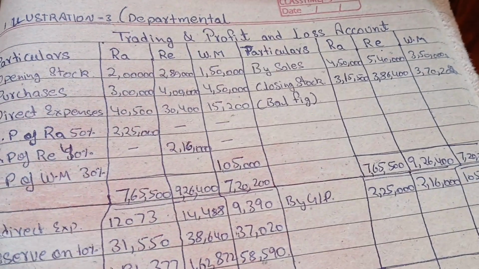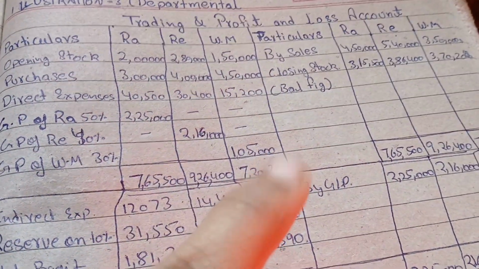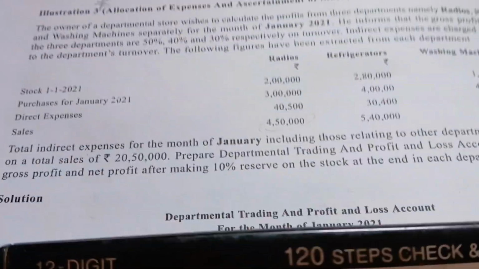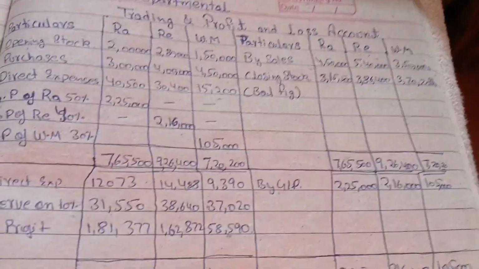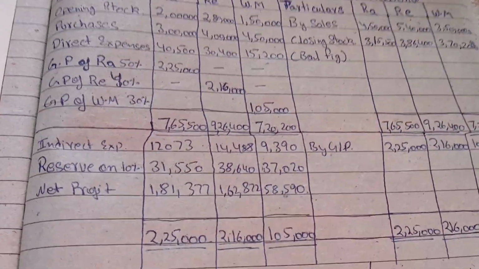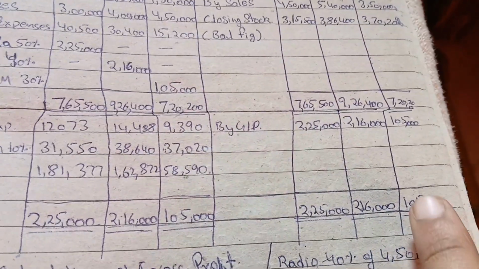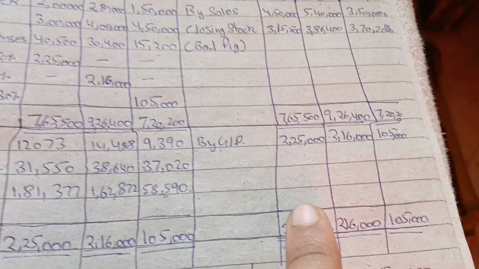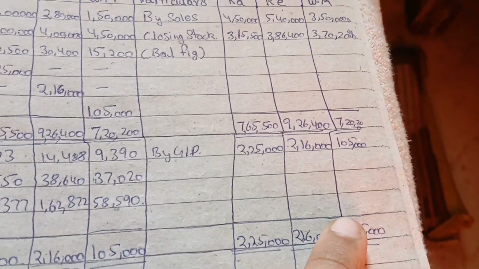Here the closing stock is not given in this question, so we find it by this method. After that, gross profit is transferred to the profit and loss account, that is 2,25,000 for radio, 2,16,000 for refrigerator, and 1,05,000 for washing machine.